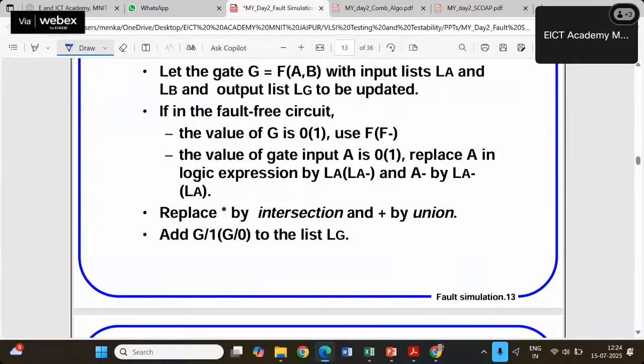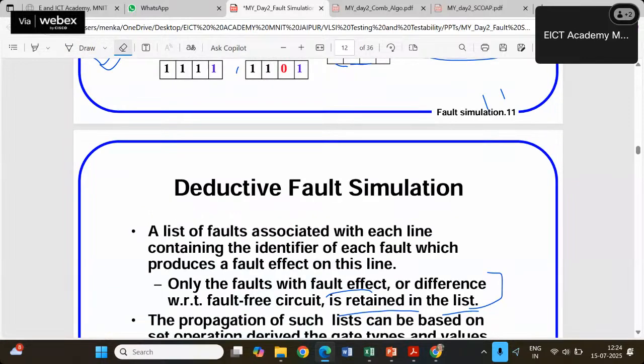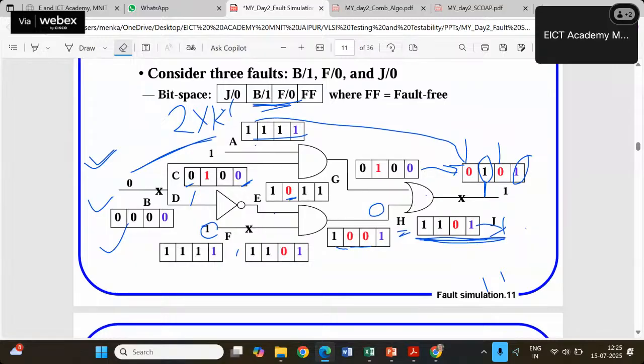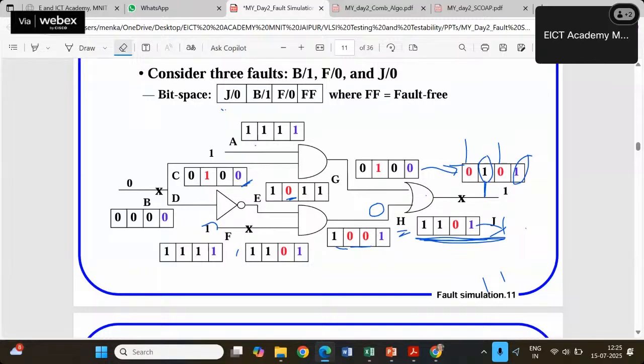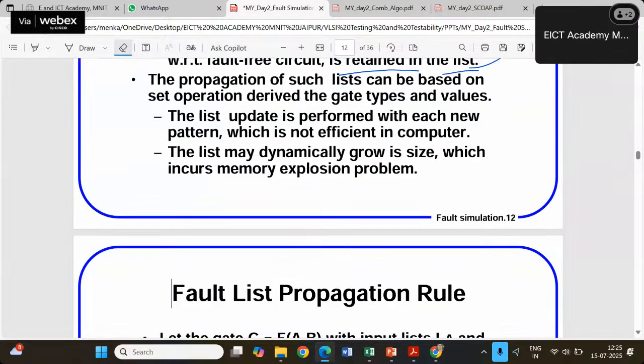It requires some process, but we realize dynamically we will be taking the spaces. So this was the dynamic one, as in deductive fault simulation.